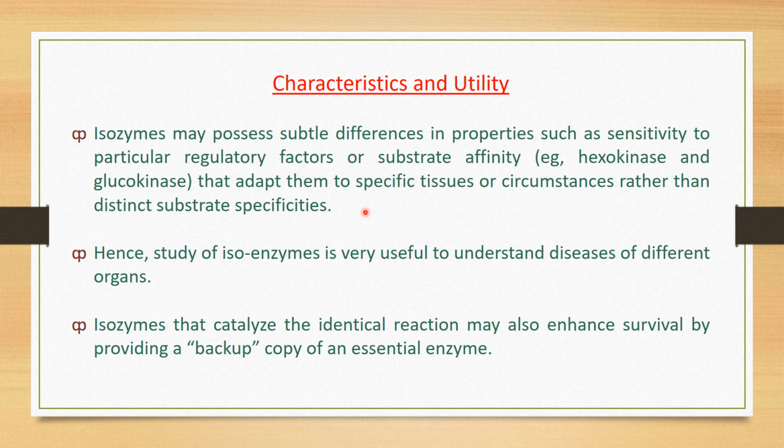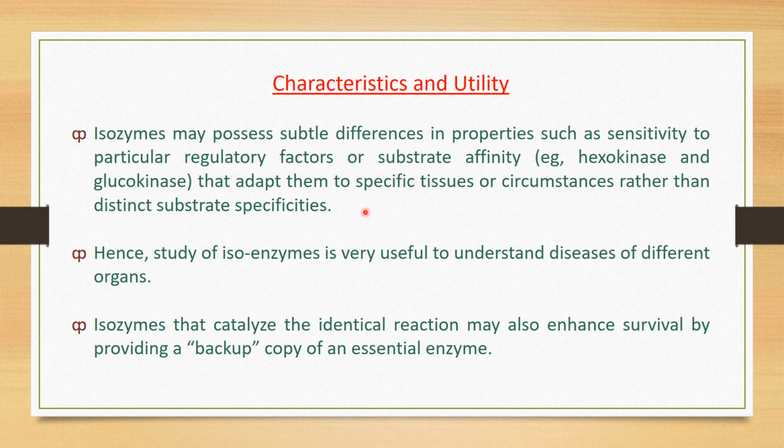Other than this, they differ in their sensitivity to or use of cofactors. Some dehydrogenases use NADH as cofactor, whereas some others prefer NADPH over NADH. So from the regulatory point of view, substrate affinity, and cofactor utilization, they may be different.